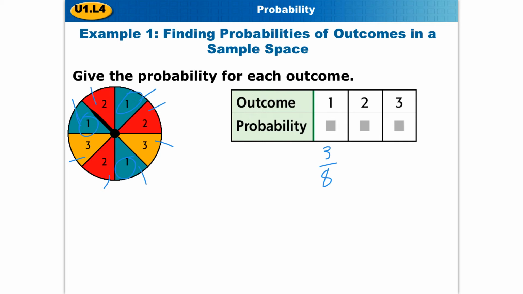You can divide that out and multiply by 100 to get a percent. There are 3 twos, so the probability of getting a 2 is 3 out of 8. And the probability of getting a 3 is 2 out of 8, and we want to reduce that to 1/4. You can leave them as fractions, or if you want to convert them to decimals or percents, you can do that too.